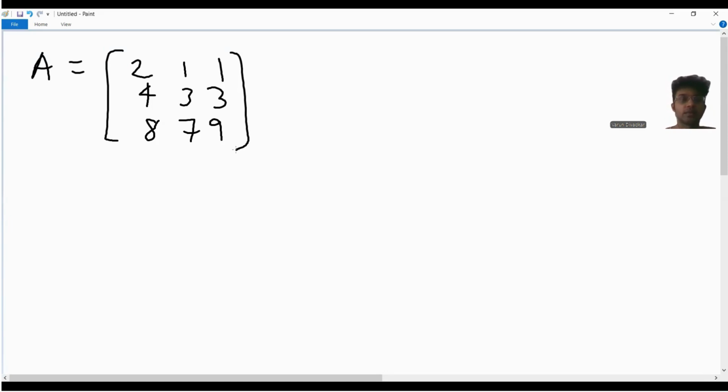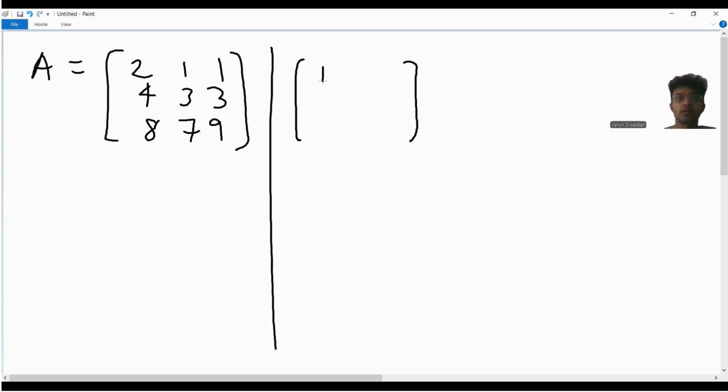Your L will be something like this, where the diagonal is all going to be 1, and this is going to be all zeros because it's a lower triangular matrix. And these are the positions that we need to fill with the correct numbers.